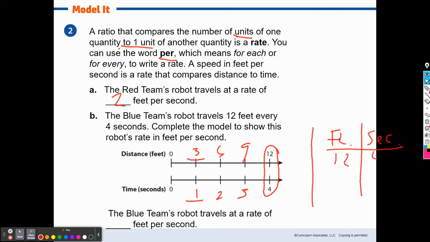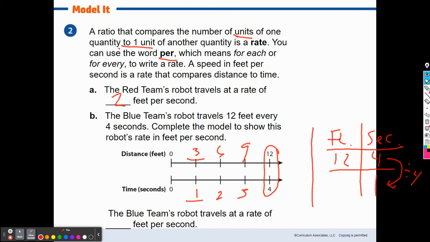12 feet for 4 seconds, but we want every 1 second. Now I can find an equivalent ratio, and I do that by looking at how I'm getting from one number to the other, right? So I'm getting 4 to 1. We just said any number divided by itself is equal to 1. So 4 divided by 4 is going to give me 1.